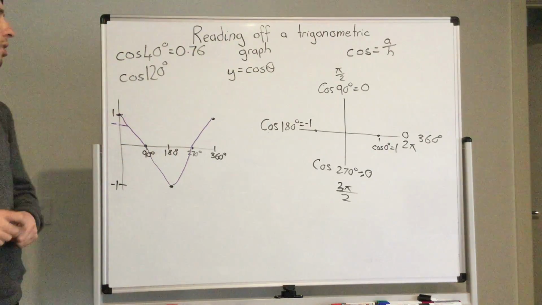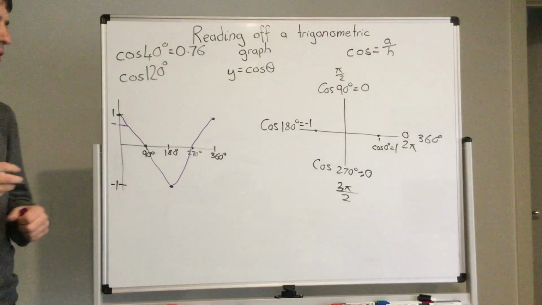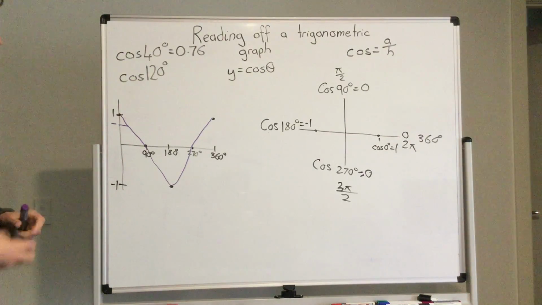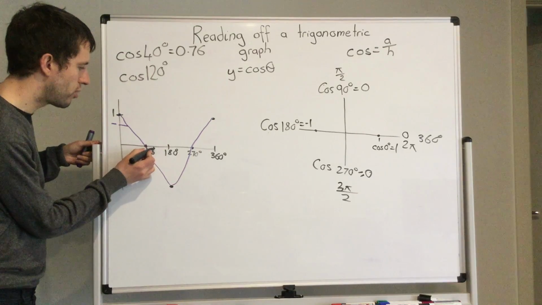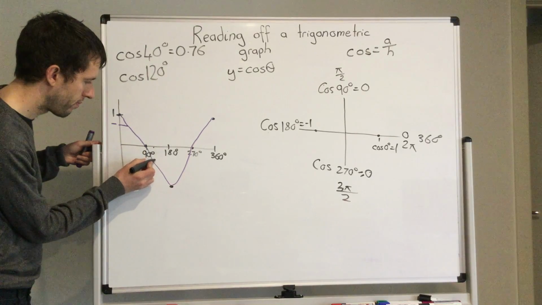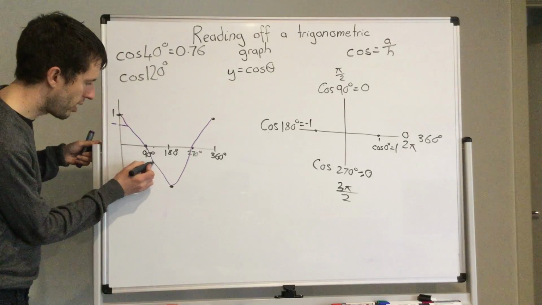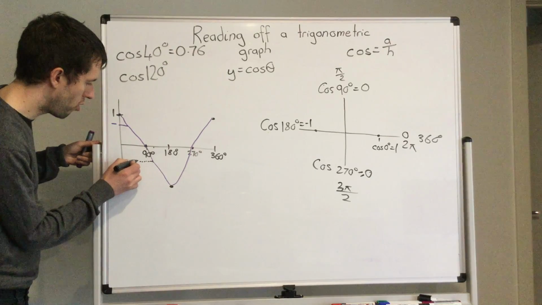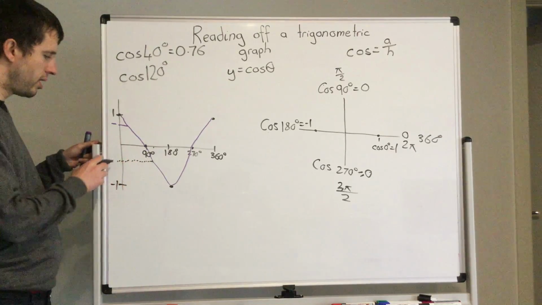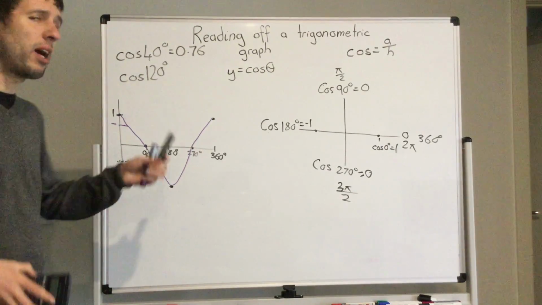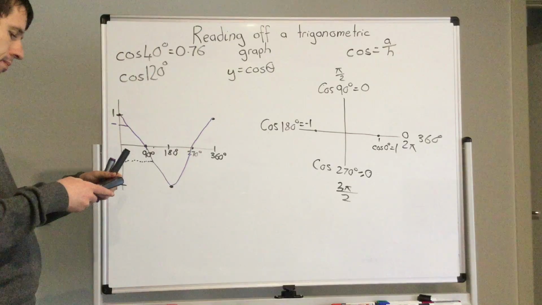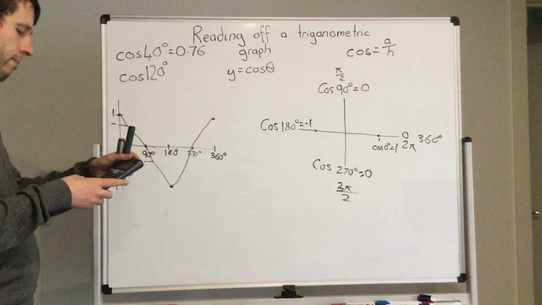Okay, let's look at cosine 120 degrees now. So cosine 120 degrees, 90, this is about 120 there. So that means we're going all the way here. So that's roughly about 0.4. Again, my graph is not accurate, so I'll double check that.